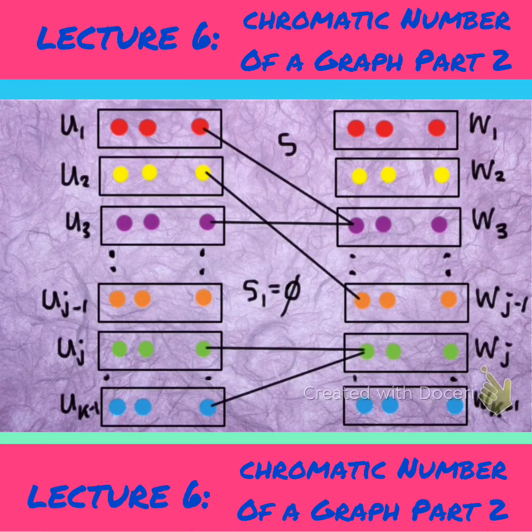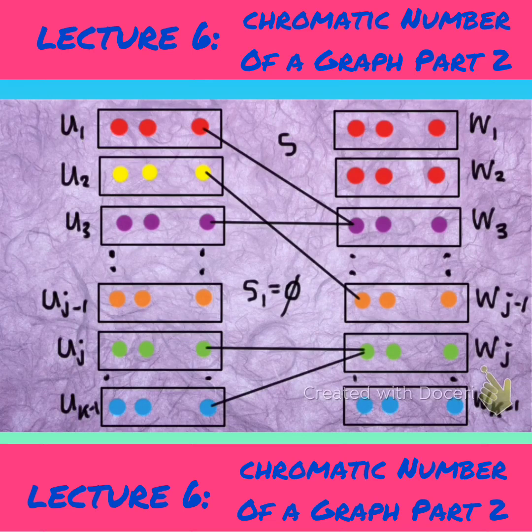Right, now because there are no edges between those two partite sets, it means that I can pretty much do the following. I can basically take the color that I use in W2, and I can replace it with the color I used for U1.